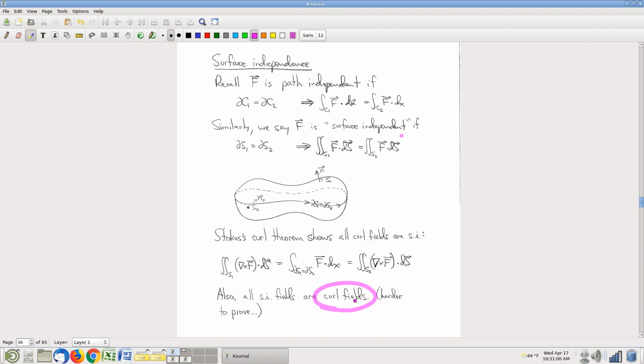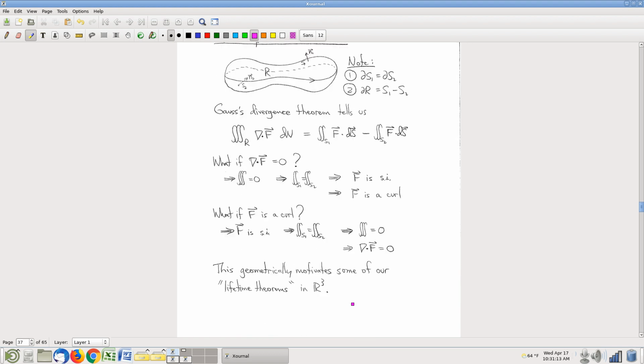How do I know if a field is a curl? Can I just look at a field at a glance and decide, hey, that looks like a curl to me? No, we don't have that sort of a sense. So how do you know if a field is a curl? If the divergence is 0, the field is a curl. So that's how we're going to capitalize on this collection of ideas.